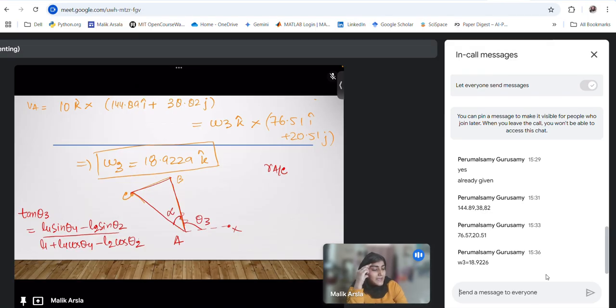So I'm writing this tan theta 3 here in order to find out this theta. All we know are the values of L4, theta 4, theta 2 and L1 and L2, that have been given in the question. So we can substitute and find out the value of tan theta 3. Can you do it and tell me what you're getting?